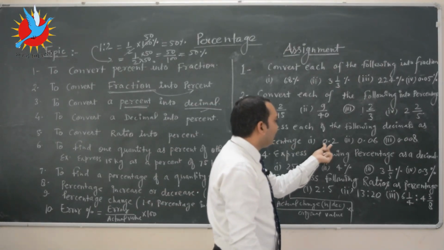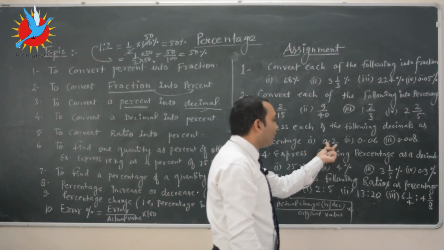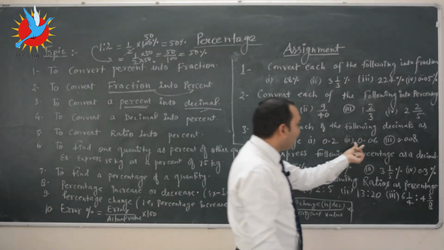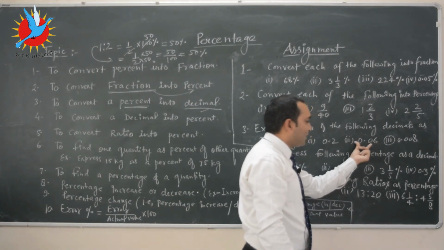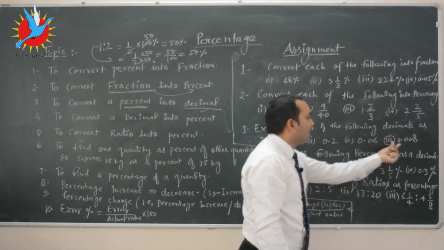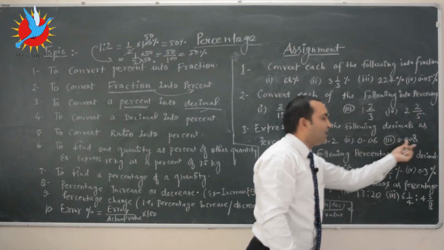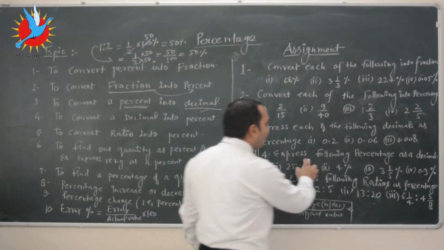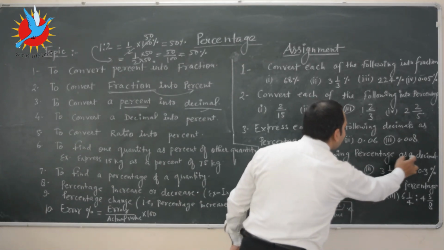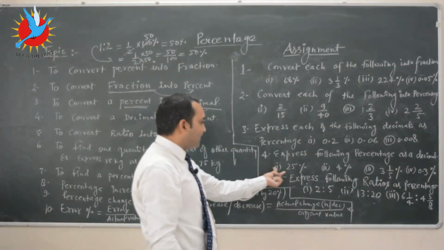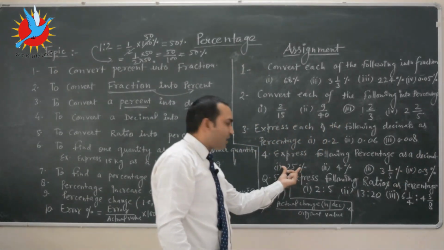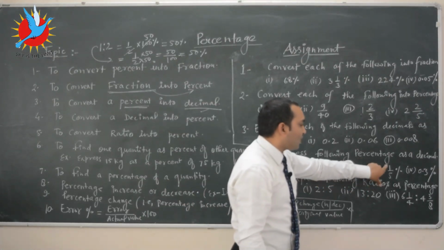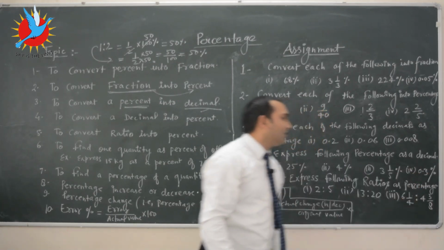So 0.2 into 100%, and the result you know very well. 0.06, convert this also into percentage, and 0.008, this also convert into percentage. Next, fourth one, express each of the following percentages as a decimal. The number is given, 25%, you have to convert it into decimal, and 4%, 3 whole 1/5%, and 0.3%.